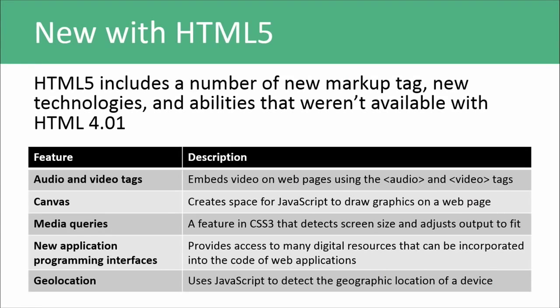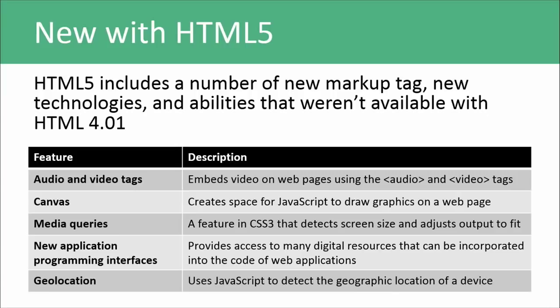Let's talk about a couple of things that are brand new with HTML5. We've got audio and video tags. We've got the canvas element, which allows us to draw graphics on the web page. We've got media queries, which detect the type of screen that we're using, whether we're on a smartphone, a laptop, or a desktop.